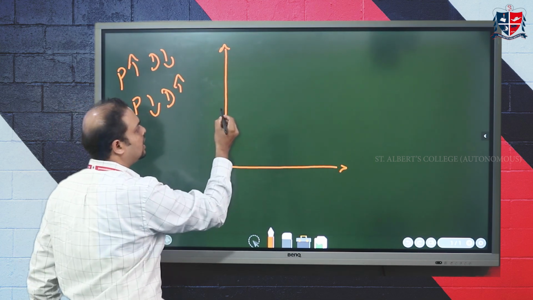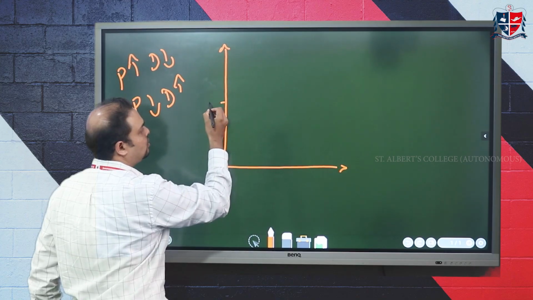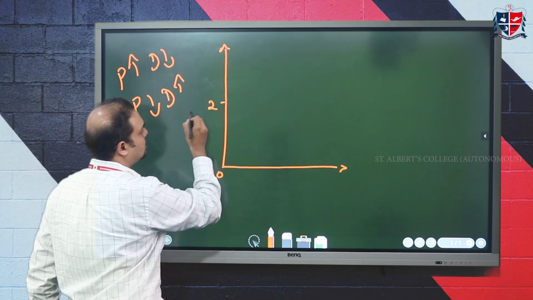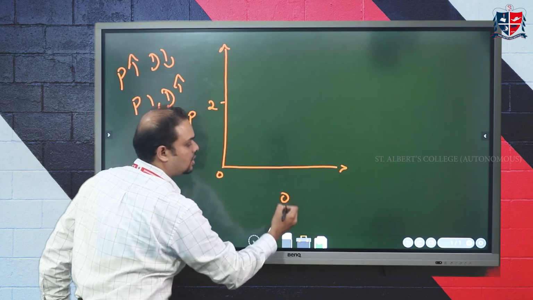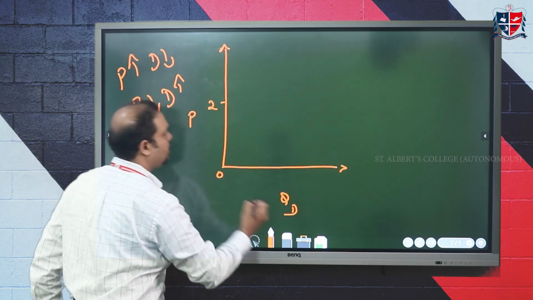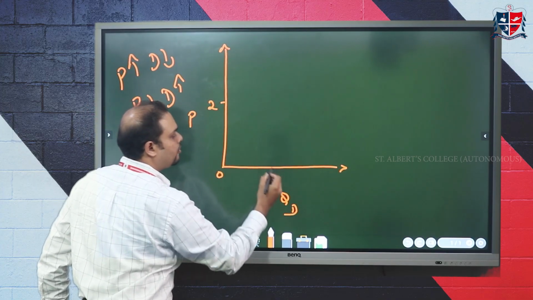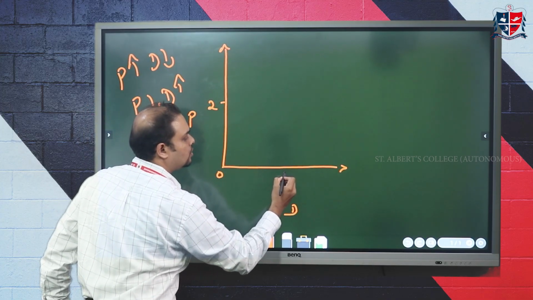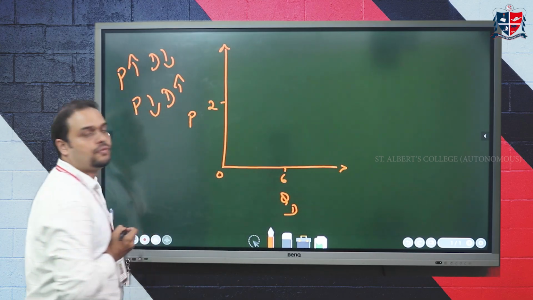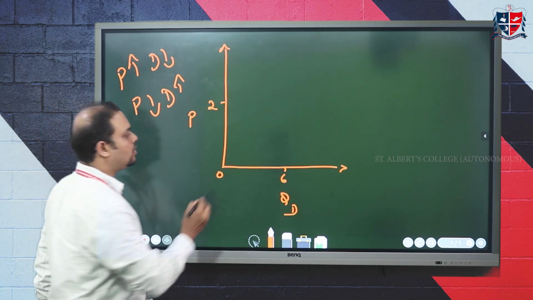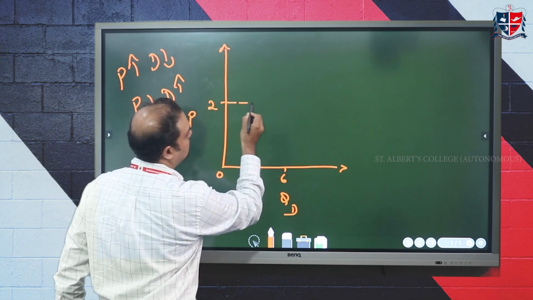Assume there is a price of ₹2. On this axis it is price, and on this axis it is quantity demanded. For ₹2 there is a demand of, let's assume, 6 units. So I'm going to plot it here.